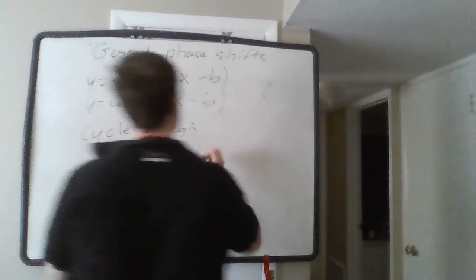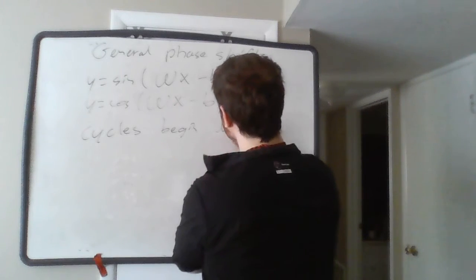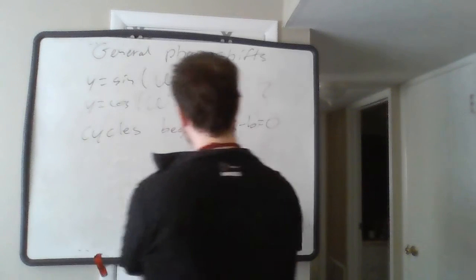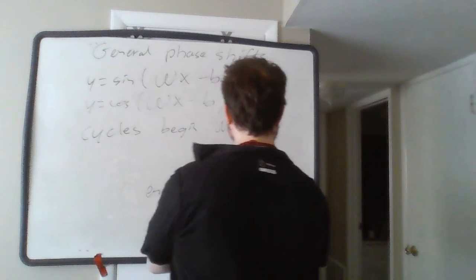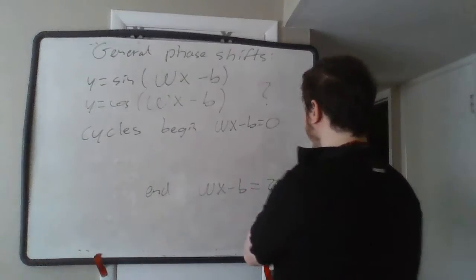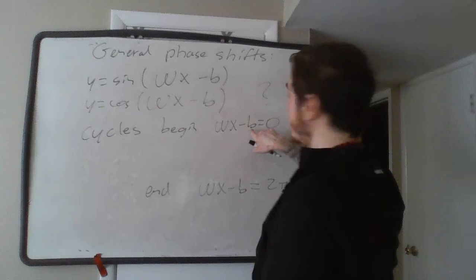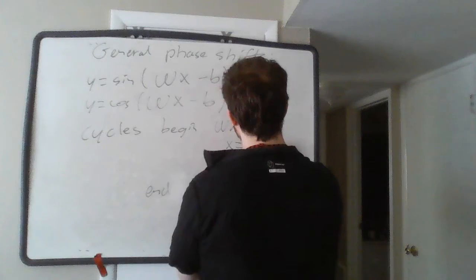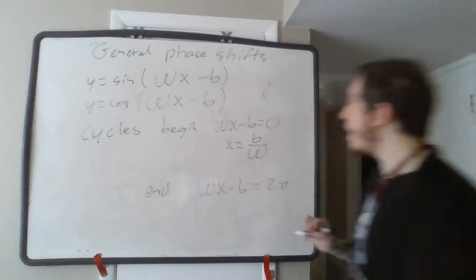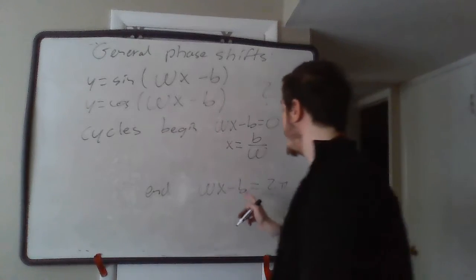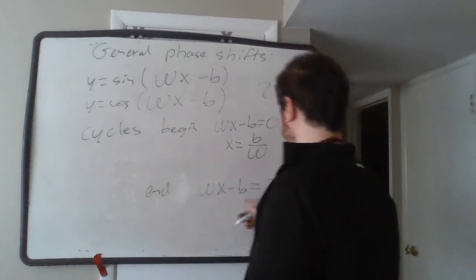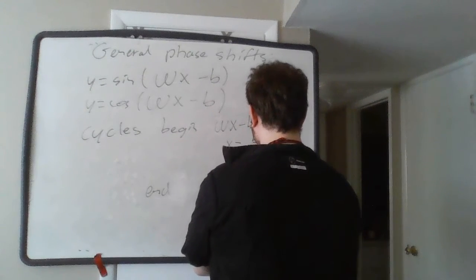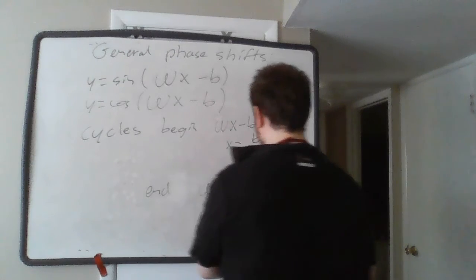our cycle to begin when omega x minus b is equal to 0, and the cycle is going to end when omega x minus b is equal to 2 pi. That means that we are going to begin when x is equal to b divided by omega, and we are going to end when we hit x equals 2 pi plus b divided by omega.